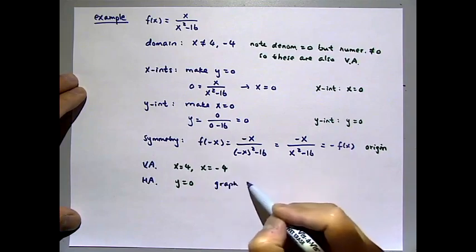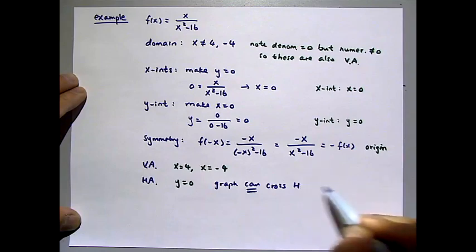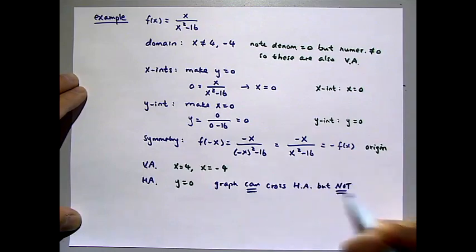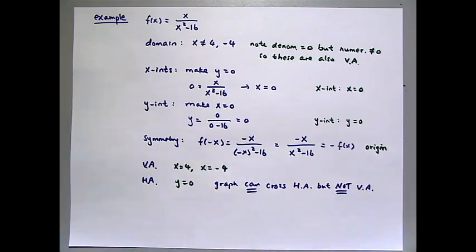The graph can cross a horizontal asymptote, but not a vertical asymptote. It can never cross a vertical, but it can cross a horizontal. And like he pointed out, the x-intercept is 0. That's also where eventually the horizontal asymptote would be. It is allowed to happen, just not the vertical asymptote.